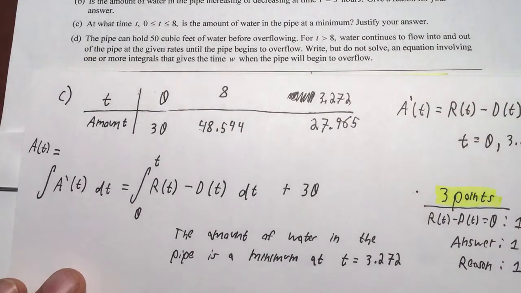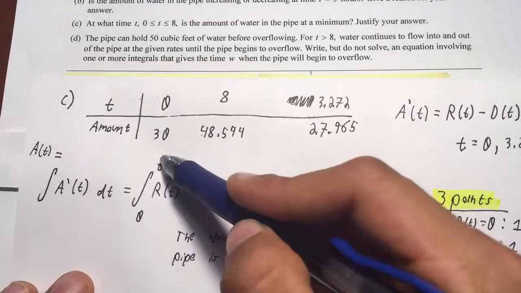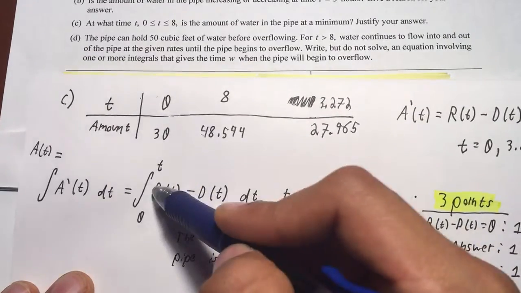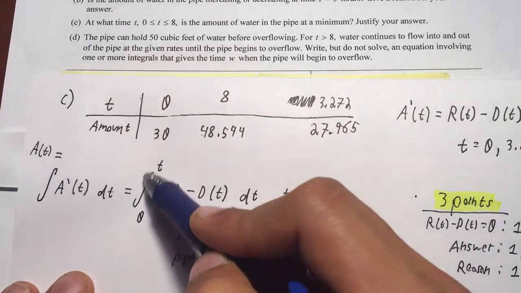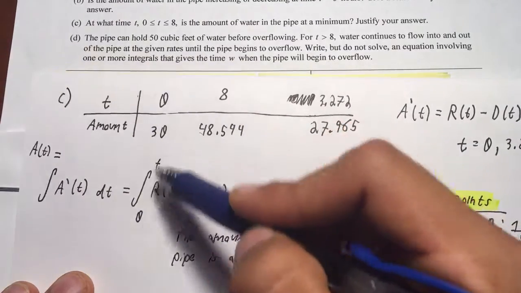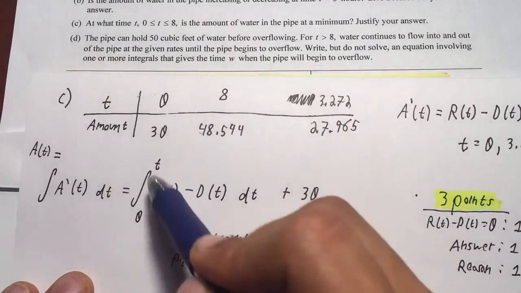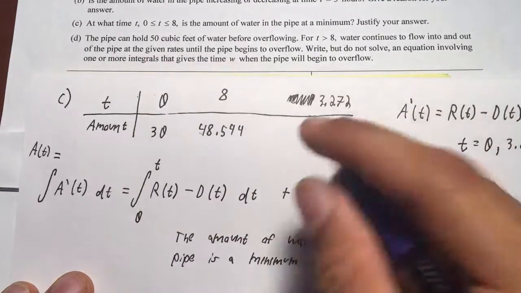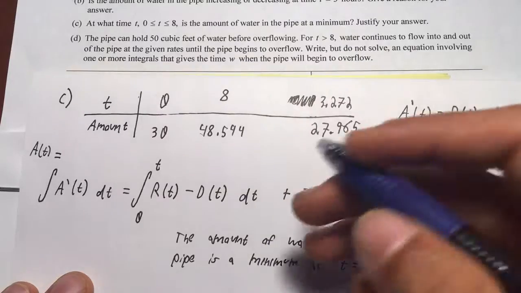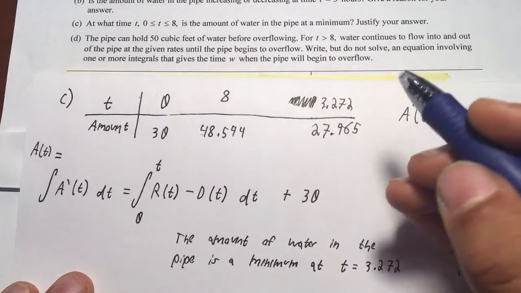So again, a big concept is knowing that you're going to use an integral, and by making it into an integral, you have A of t on one side, this becomes a function, right? An integral function where you plug in t. Because let's say you plug in t of 5, you get cubic feet, period, not cubic feet per hour or anything else. You get the amount at the end.